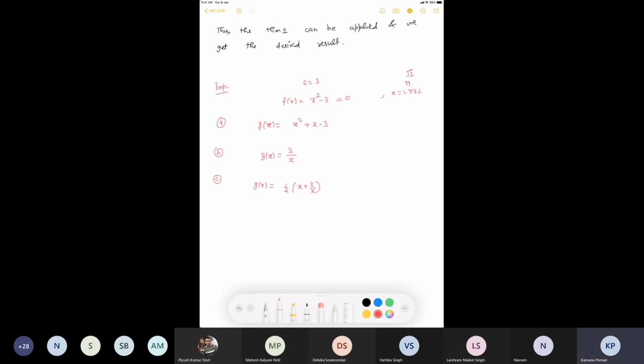So let's check for which choices of g we can have the convergence of the fixed point iteration method. What we have to do is find the derivative of g. You can check, first of all, whether g is differentiable, right? And we simply need to find g prime of x star. So x star is this here.